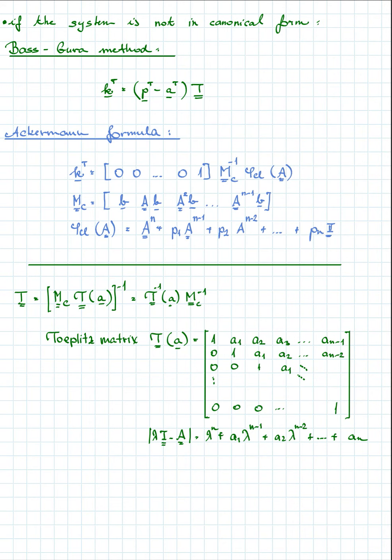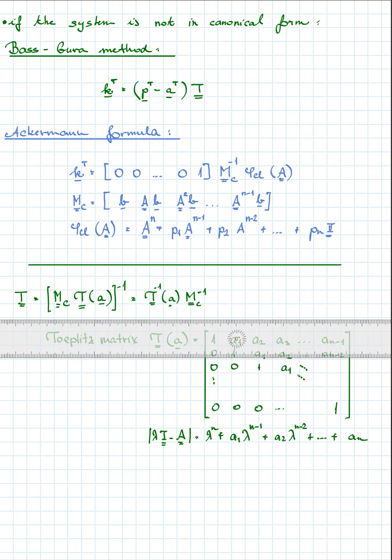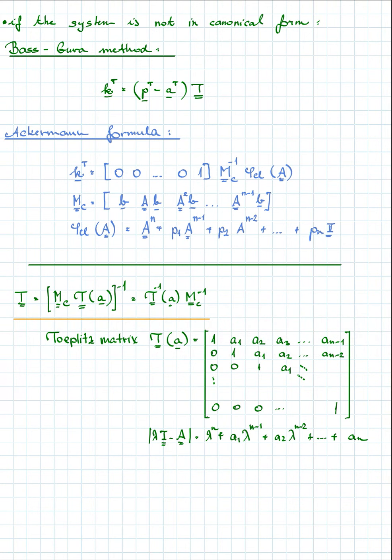In the Bass-Gura method, K transpose is calculated by P transpose minus A transpose multiplied by T, and the T is shown here without any proof. So this is the transformation matrix which we can use to transform our system to a controller canonical form.